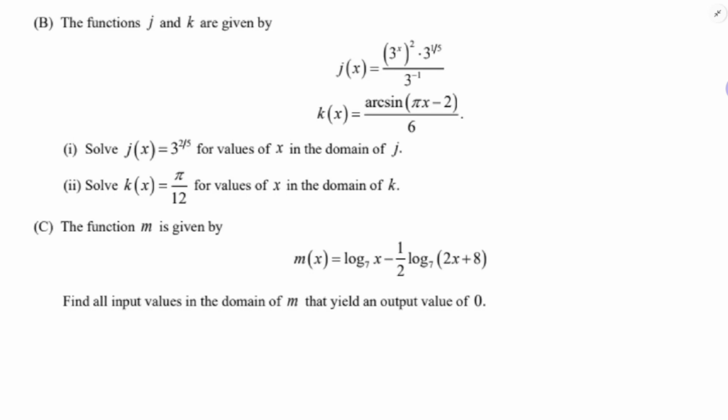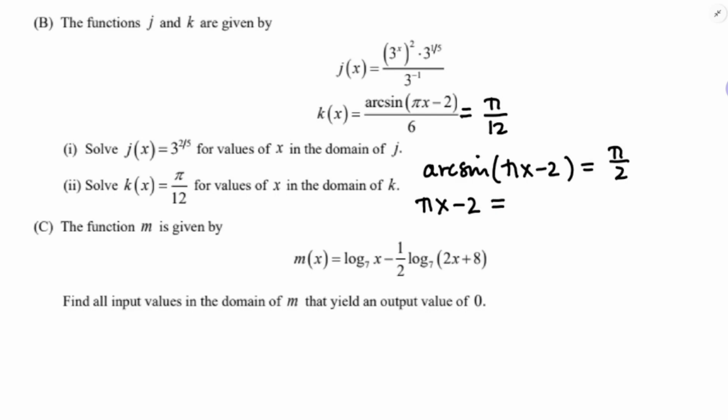Okay, this next one wants us to solve k of x equals pi over 12. Well, I'm going to multiply both sides by 6 and get 6 pi over 12, so that's arc sine of pi x minus 2 equaling 6 pi over 12, which is pi over 2. I'm going to take the sine of both sides, and I'll get pi x minus 2 equals sine of pi over 2.